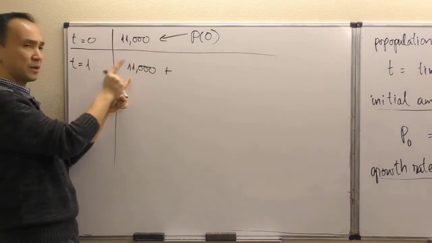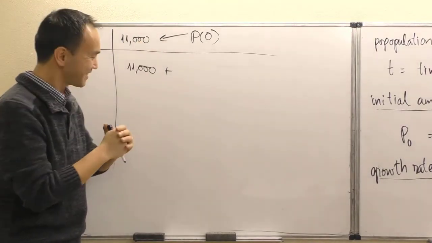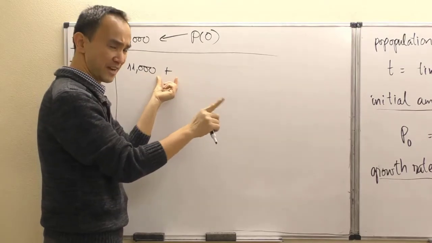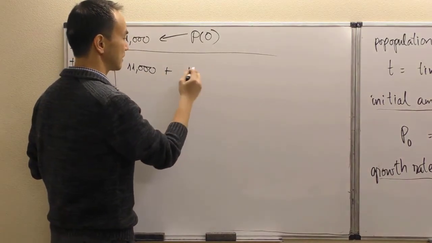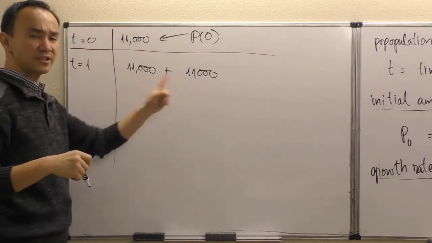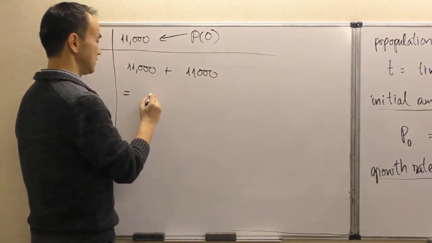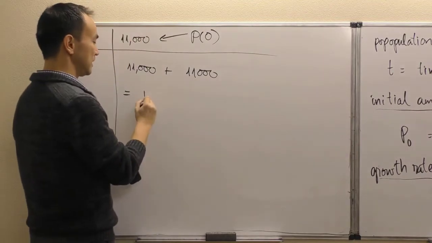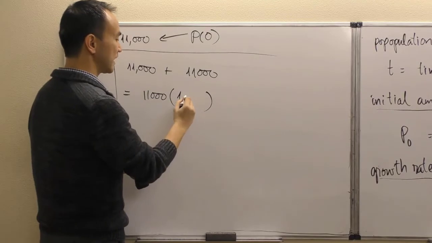When t equals 1, the preceding period has to be just the initial time. So to the initial amount I add 100% of that, and 100% is simply one time. So 11,000 added to that, and that's why we ended up with double. But I prefer to write it as 11,000 factored out, so we're looking at 1 plus 1.